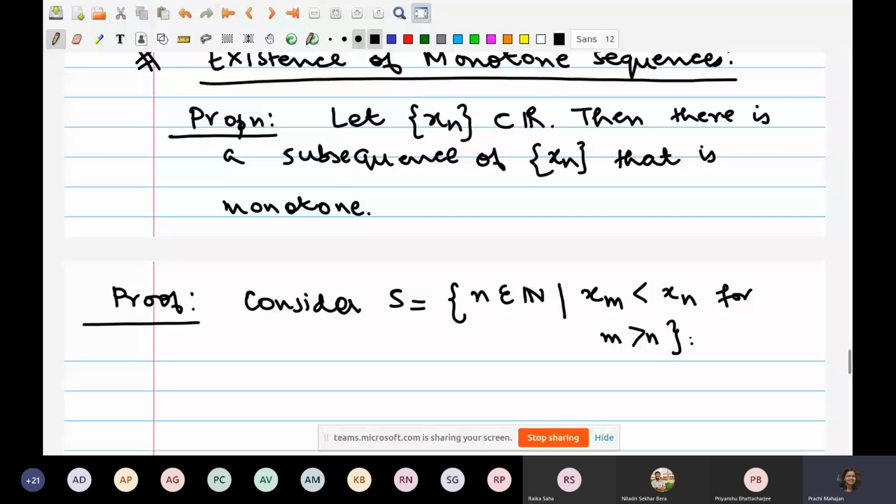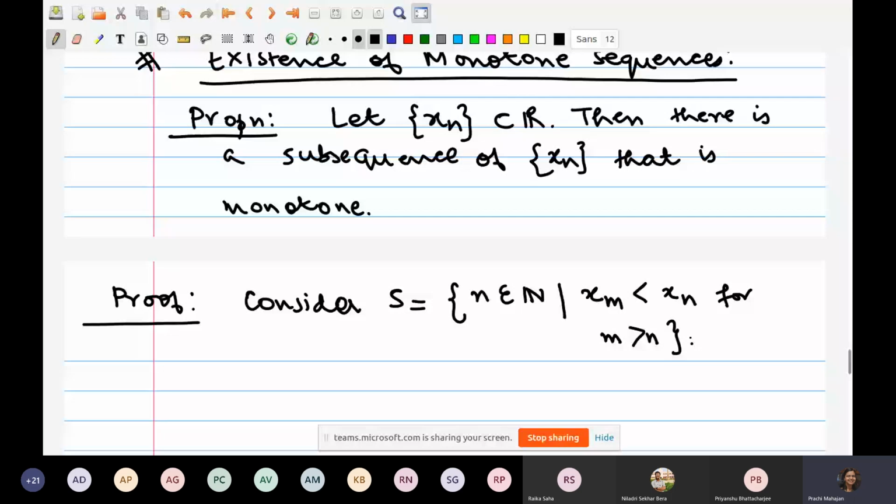I'm deliberately pausing. Does everybody follow what the set capital S is saying? Is that a yes with everybody? So it's a collection of all those indices n such that the corresponding term xn is bigger than any term that follows it in the sequence.